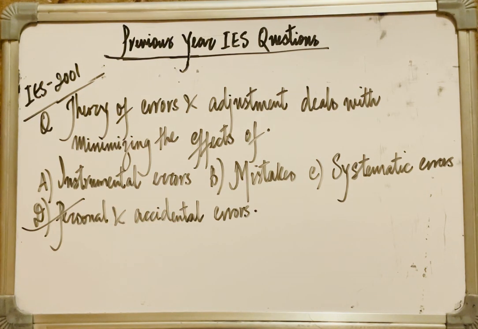It's always assumed that all the mistakes and the systematic errors are eliminated from the given set of observations, right? We always assume that all the mistakes or gross errors or systematic errors are eliminated before this stage. So theory of errors and adjustment deals with the personal and accidental errors or random errors or compensating errors. Moving on, let's do the next question.